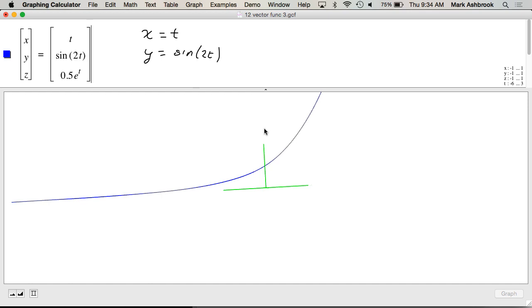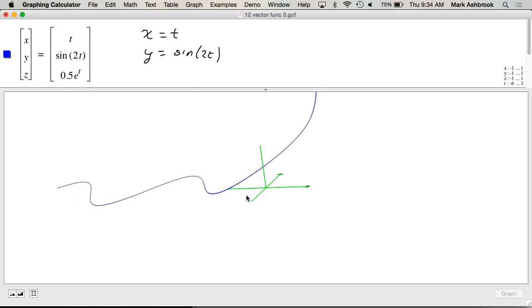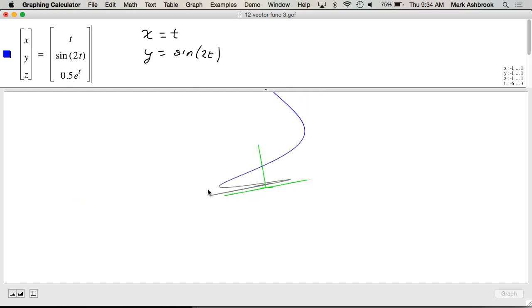So what about the yz plane? Sine of 2t equals 0.5 e to the t. Nothing basic, right? But let's look at it. If I look at the yz plane, I'm going to get something sinusoidal, but it's going to get bigger with larger z, right?